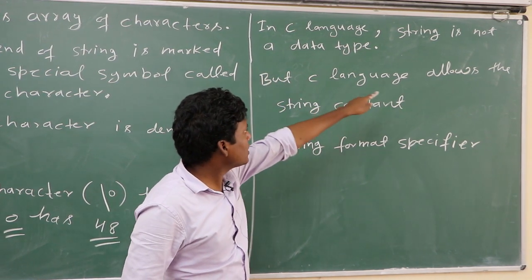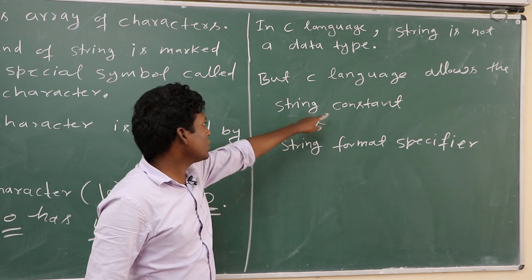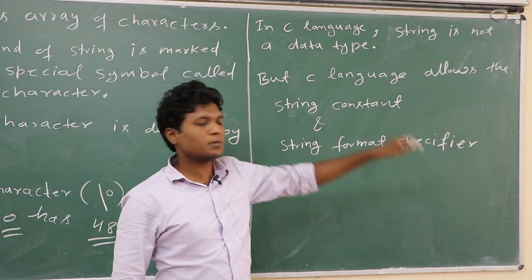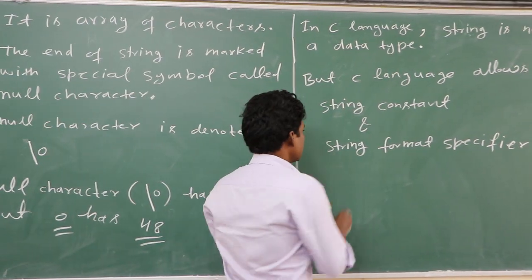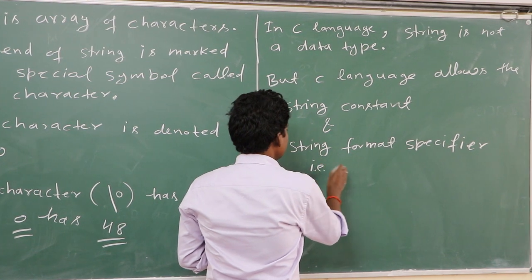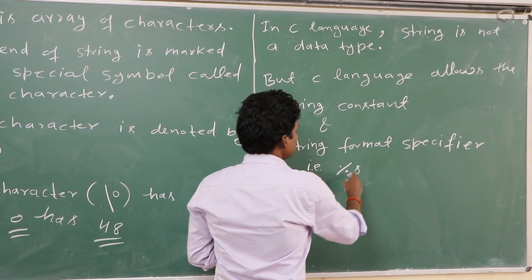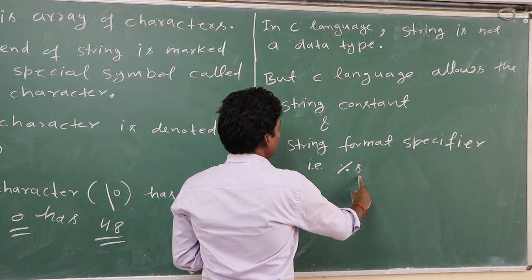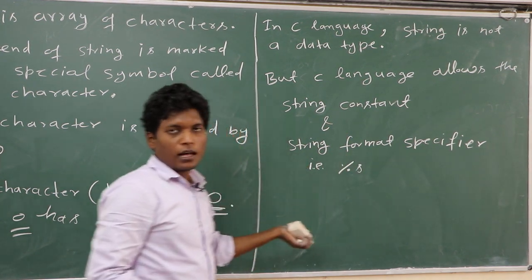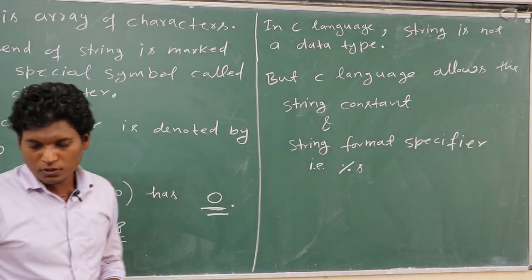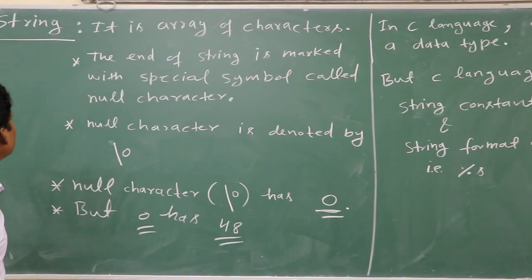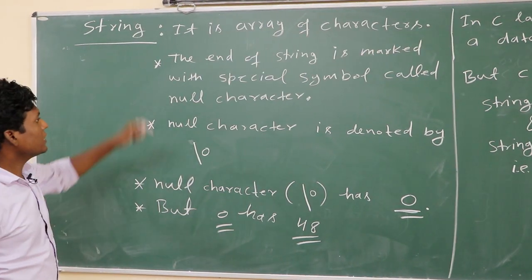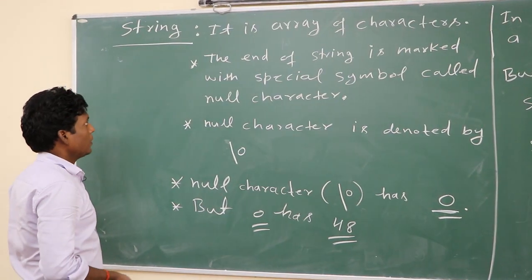But C language allows the string constant and string format specifier, that is the %s. It is written here. This is the string format specifier, and string constant I am going to tell you in the next program. Okay, this is the string definition.